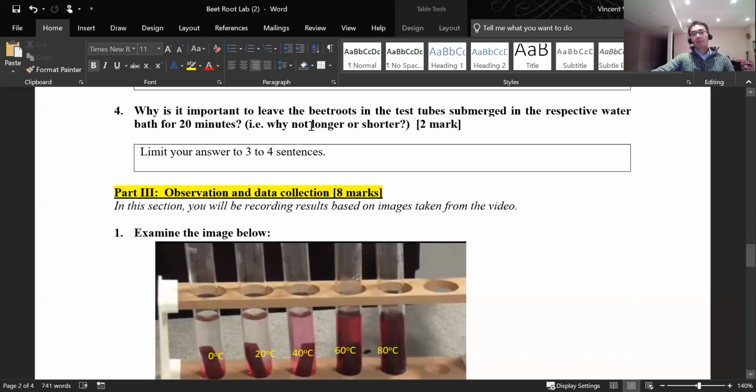And if you do it for longer, the opposite could happen. They could all turn very, very dark, and also the temperature of the water will start to drop, and you're no longer submerging it in 80 or 60 degrees. So for that reason, the recommended time of 20 minutes is suitable, not longer or shorter.